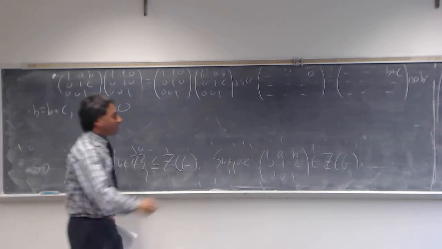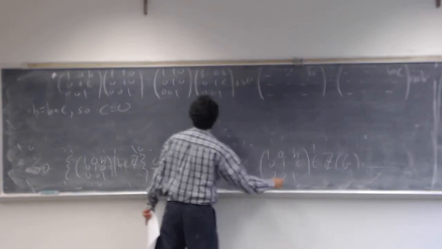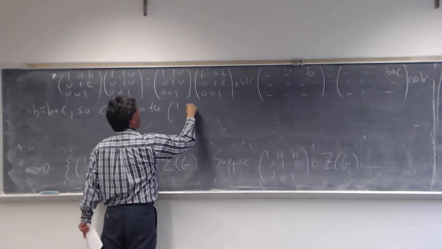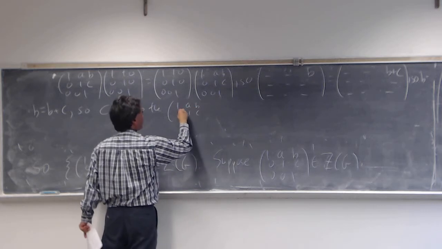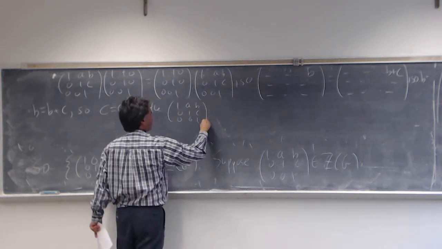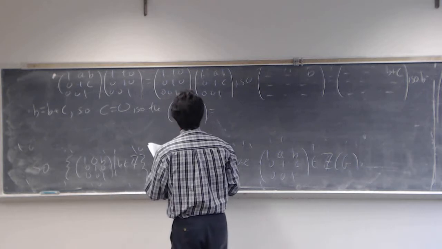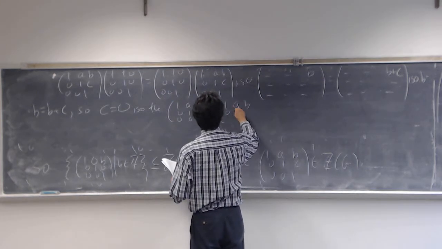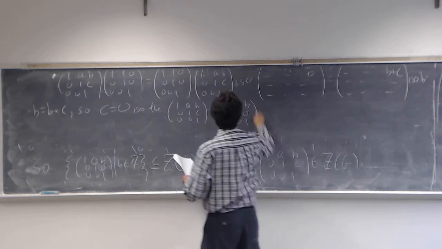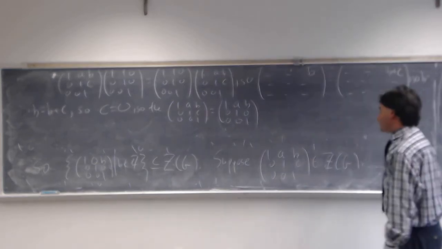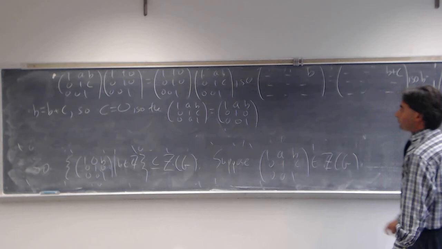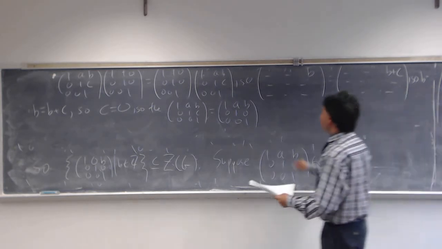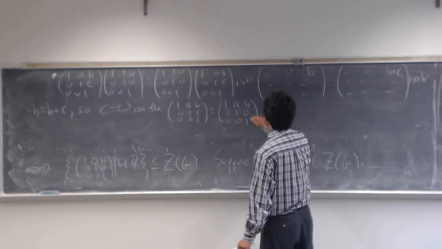So it looks like the matrix is maybe something of this form, but actually the matrix has to become what? If C is equal to 0, it would have to be 0, A, B, 0, 0, 0. I've now shown that if this matrix is in the center, this C has to equal 0. And then from there, I can use a similar argument to show that A equals 0.